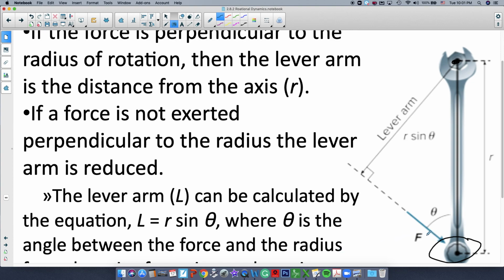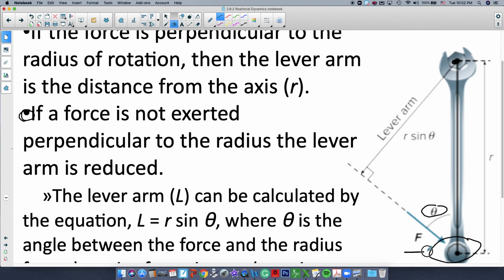Okay, so then the next bullet here: if a force is not exerted perpendicular to the radius, the lever arm is reduced. What that is talking about is this part right here, that theta. If I have an angle, for example, I'm pushing on this crescent wrench at this angle.